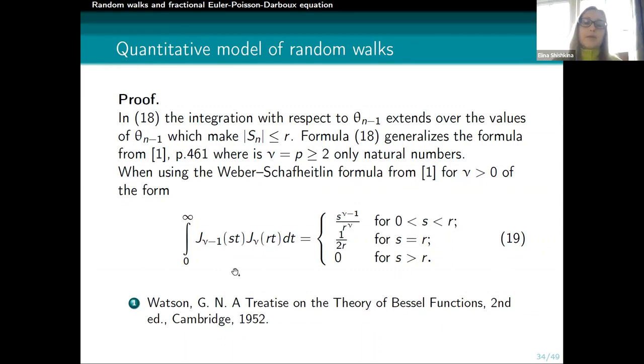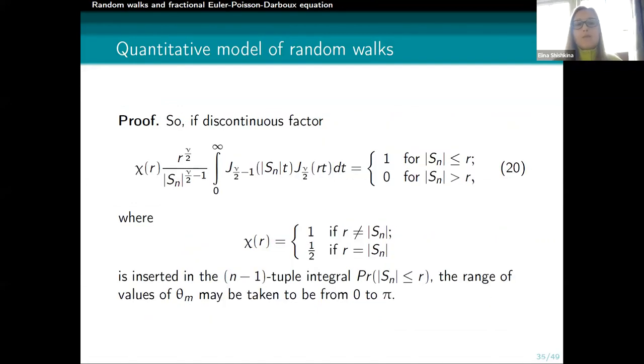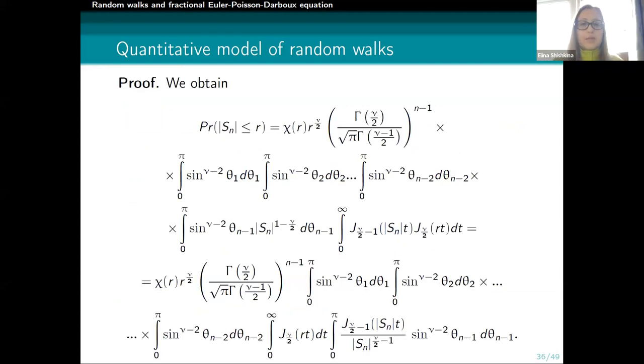If we use this formula, it is exactly what we needed, because here we have a non-zero value when S is from 0 to R, and when S is greater than R, we have 0. So this is just what we need. And if we put it in our formula 18, we can obtain the limits of our integration.